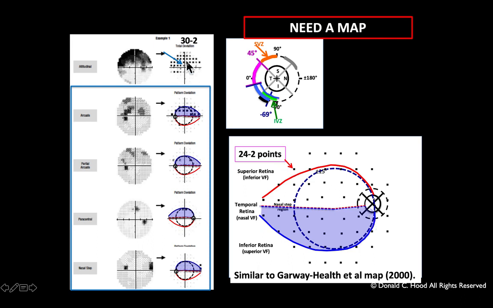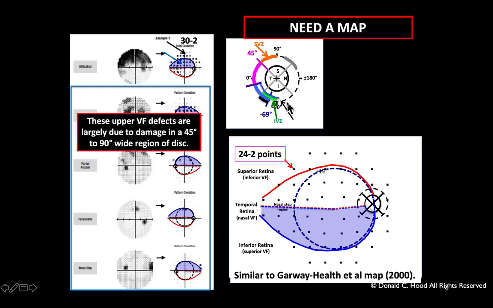Even this eye here that has more extensive damage, that's the model. That means this damage out here is now over here, around here. Let me pause for a second to let you absorb this, and let me put it another way. All of these defects, in all their variations, are largely due to damage within this region right here of the disc.